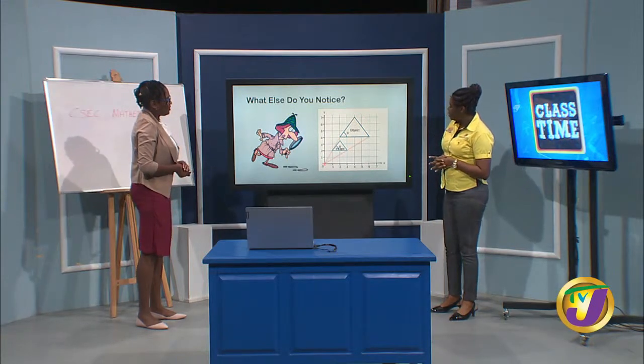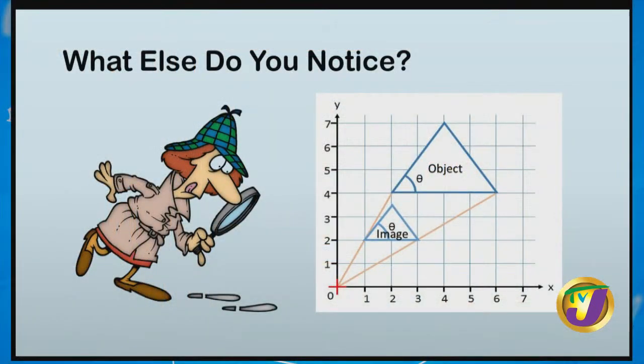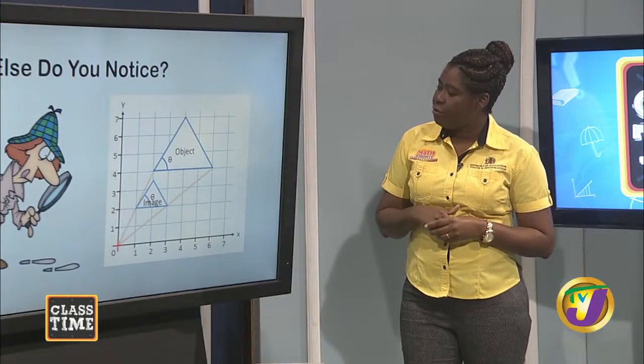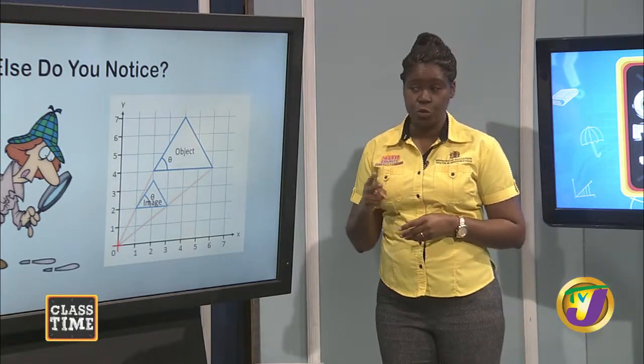As was mentioned before, we have proportional lengths, and notice that the distance from the center, which is marked by X, here 0, 0, to the object is 1, 2, 3, 4 units, and from the image to the center, it's 2 units.